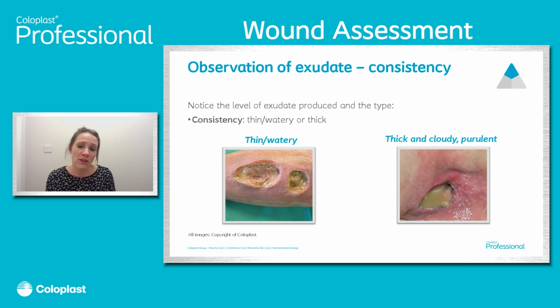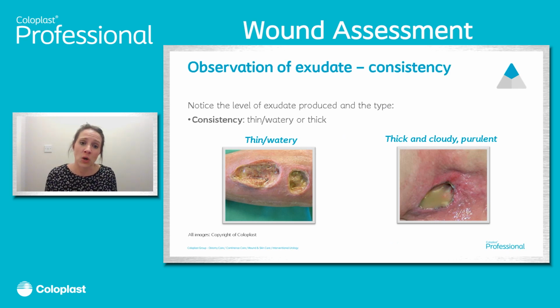We also should be looking at the consistency of our wound exudate. Is it thin and watery, or is it thick, cloudy and purulent? Again, this can help to identify any underlying factors going on with the wound, and make us look at what we need to be doing to help treat the wound. It can be a sign of infection, for example, if we've got that thick, cloudy and purulent wound exudate.